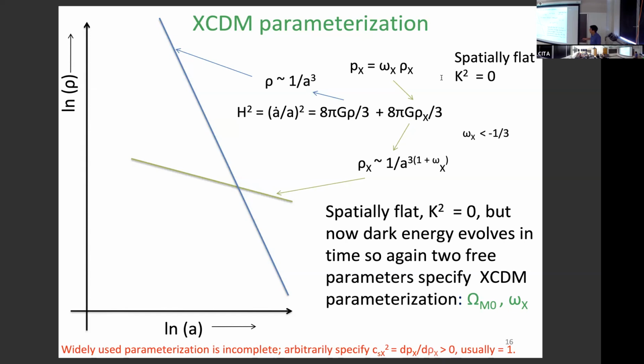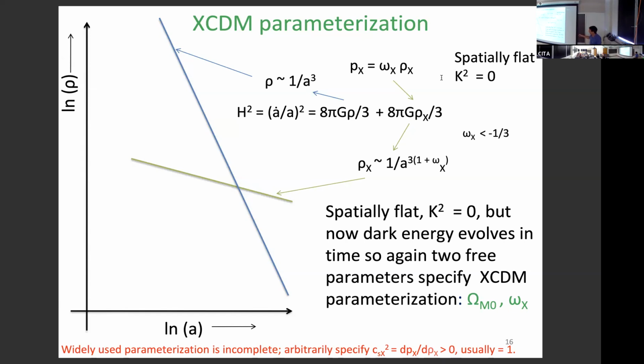And you can do this. So I'm going to set this to be spatially flat to make it a little bit simpler, and we'll come back and put back curvature. But in the Friedmann equation, you have dark matter and baryonic matter, and we've introduced a new fluid, an X fluid, with an equation of state of this form.